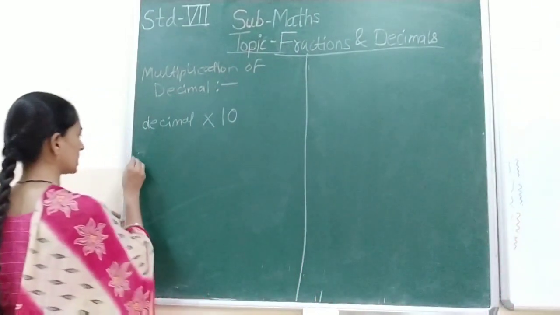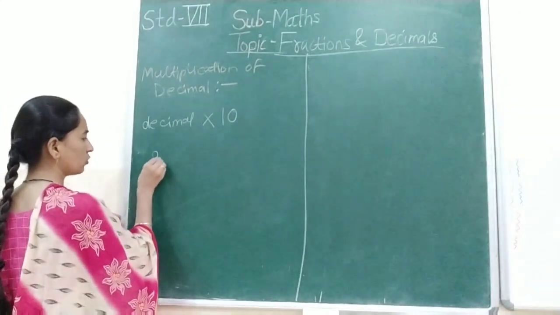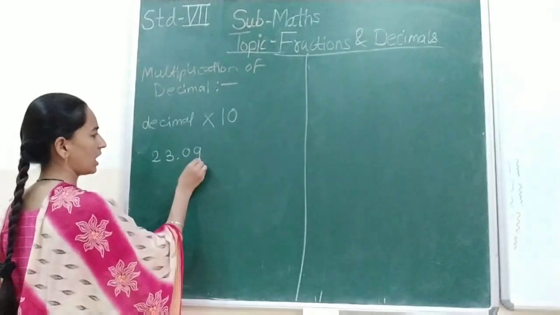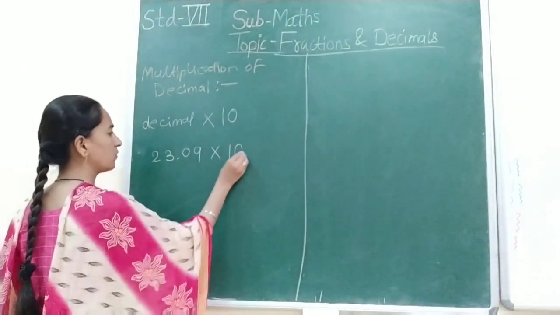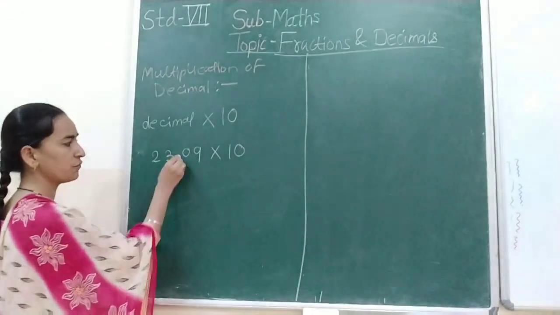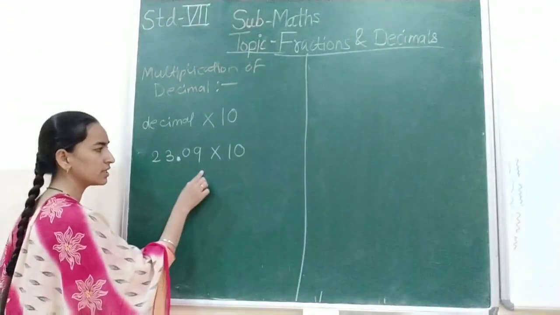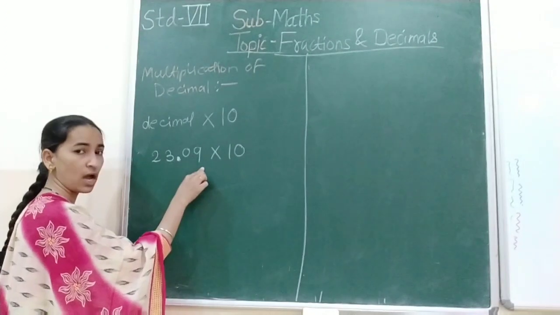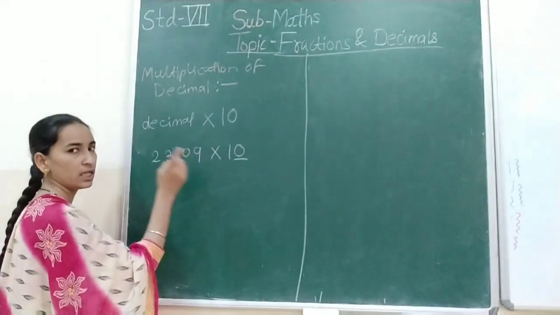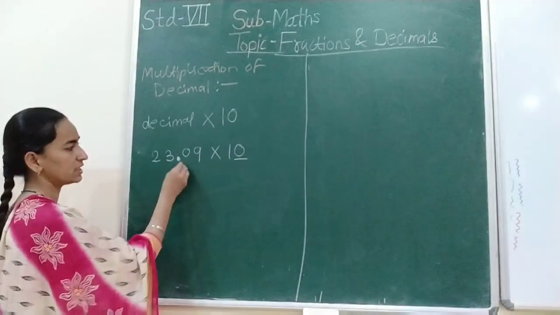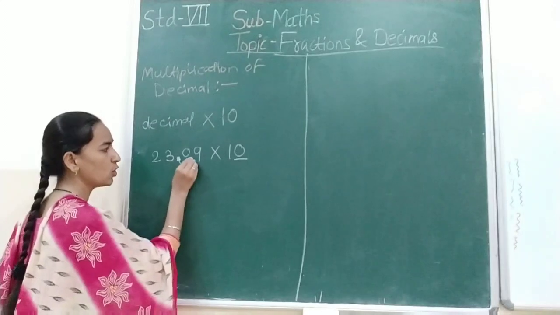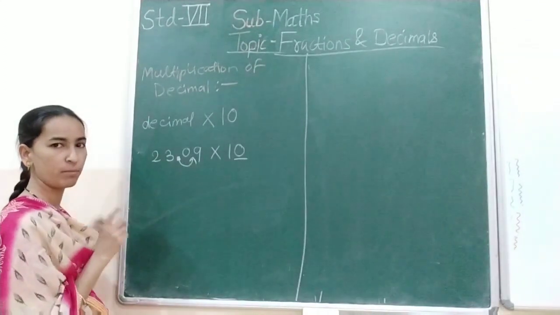Now see, for example, my question is 23.09 and if I am multiplying with 10, my point is shifted towards the right, but how many places? How many zeros are there, that many places. That means my point is shifted by only one place.